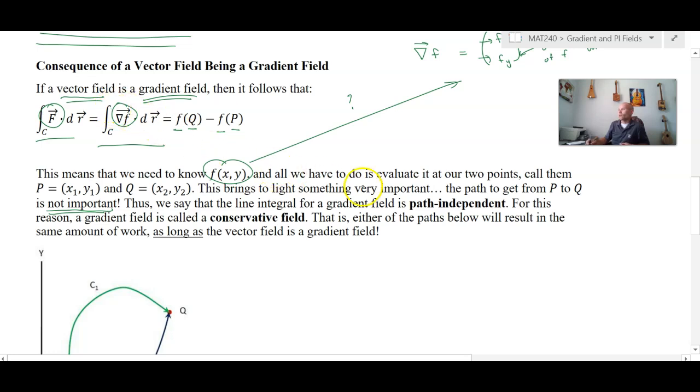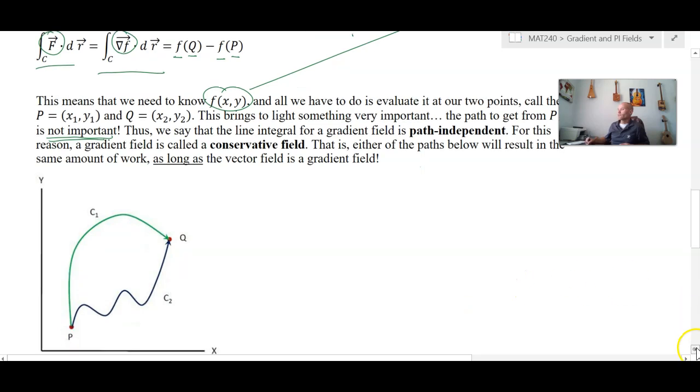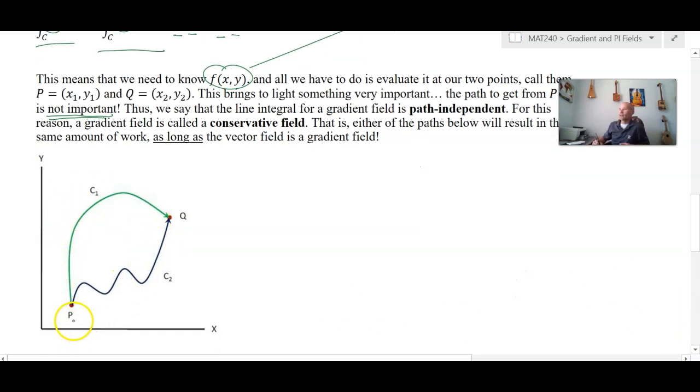Well, why is that true? Let's think about it this way. If these are two oriented curves, curve 1 is the one in green, curve 2 is the one in blue, then the way in which we get from point P to point Q is independent, as long as the vector field that we're seeing in the background is a gradient field.